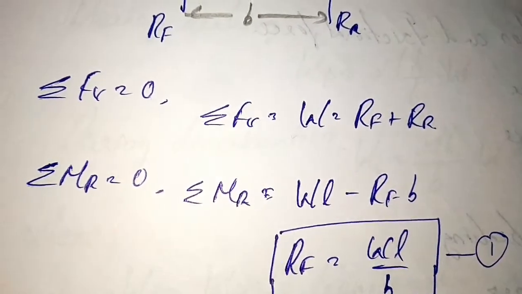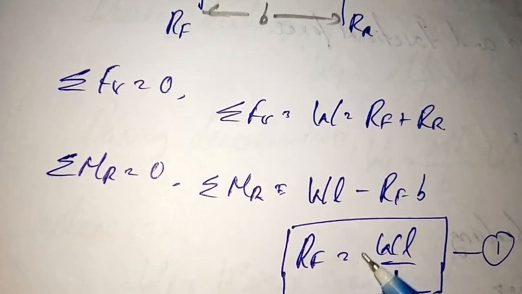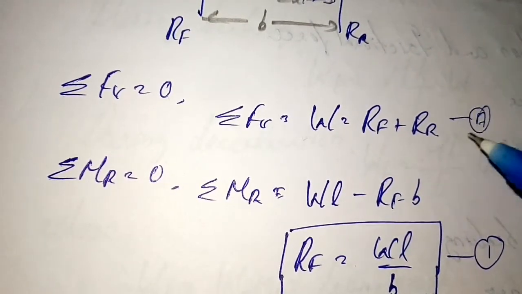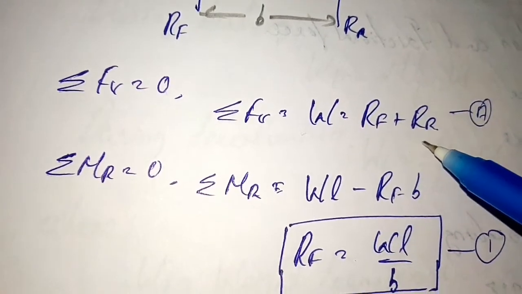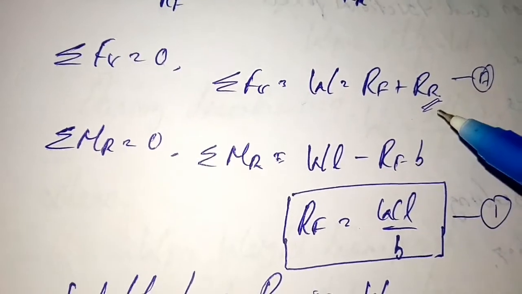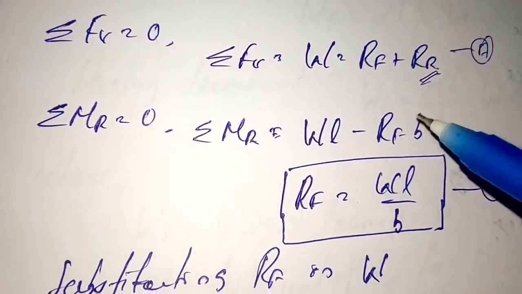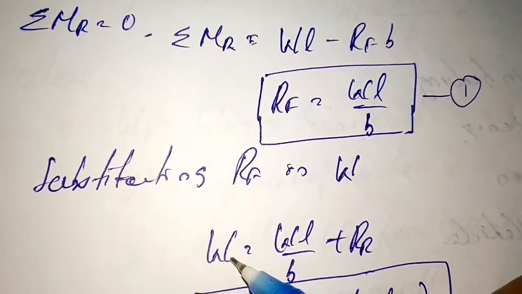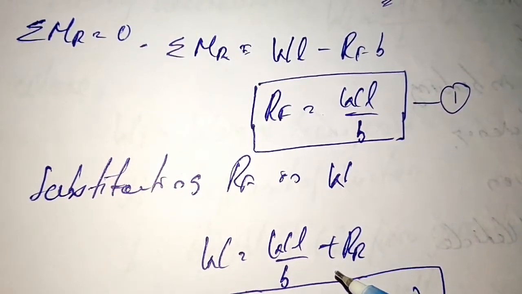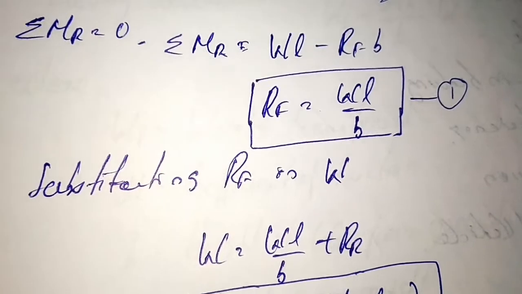For that we have to substitute the value of Rf in equation A. So from here we can find the equation for the reaction at the rear wheels, or the distribution of weight at the rear axle. So by doing that we can write W equal to WL by B plus Rr. So we have to find Rr.